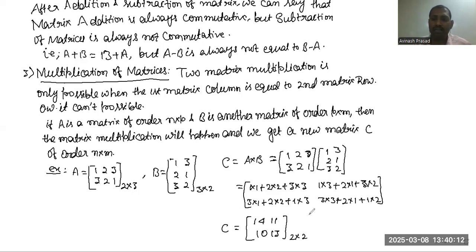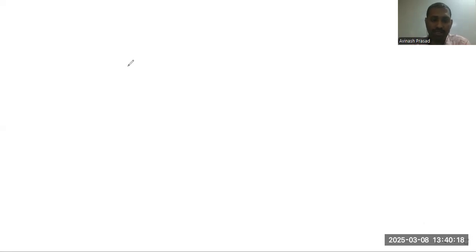Now, the multiplication of matrices has some order. Matrix multiplication is always not commutative.